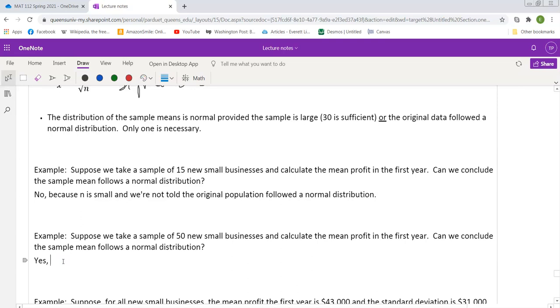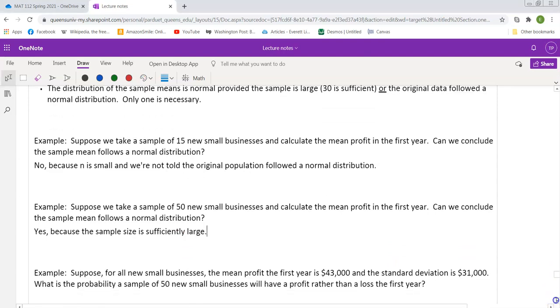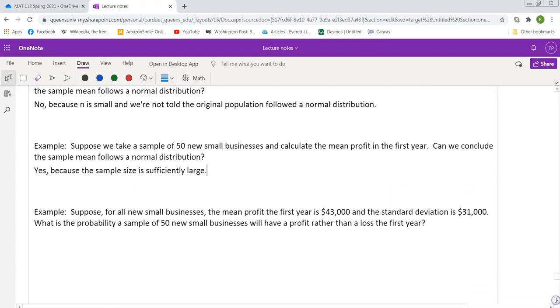Because even though we're still not told that the original distribution was normal, we have a large enough sample size here. All right, so let's keep going. Let's see now what we can do with that information.